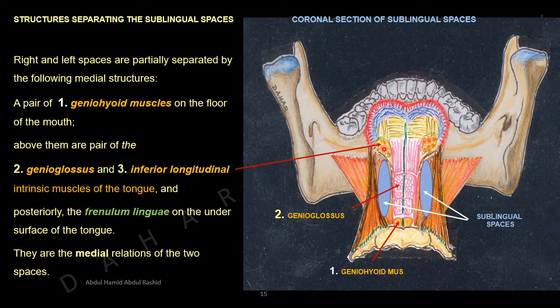And finally, these two muscles, the inferior longitudinal intrinsic muscles, are there. And posteriorly, there is the frenulum linguae. This is the mucosal fold coming from the lower surface of the tongue and attached to the floor of the mouth. They form the medial relations of each sublingual space.